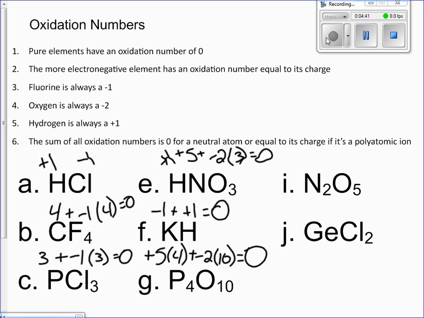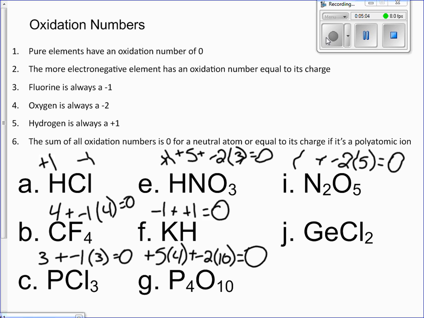Letter I, dinitrogen pentaoxide. According to rule 4, oxygen's always a -2 charge. We have 5 of them. The whole thing needs to total 0. So our oxygen gives us a total of -10. Our nitrogen has to give us a total of positive 10.